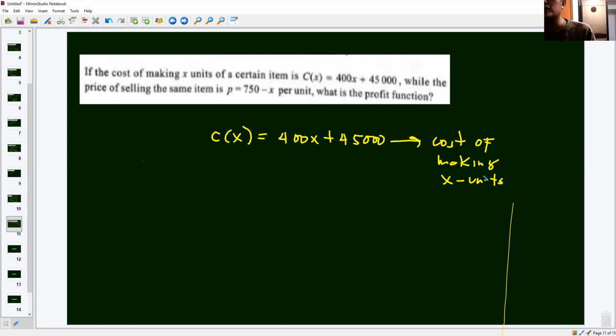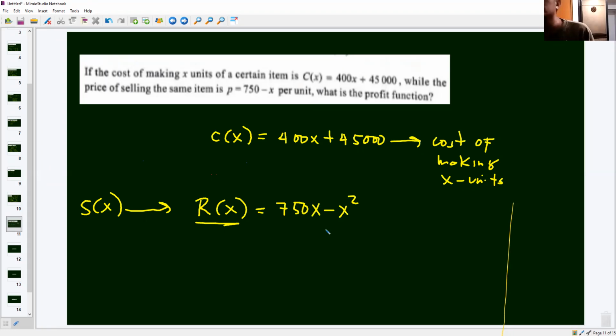Kung x ang gagawin, ito yung function. Now, that is the selling price. We can make it into what we call the revenue function or the sales function, S of x. Pero this is more commonly used, by multiplying the price per unit, per number of units sold. So dapat 750x minus x squared.